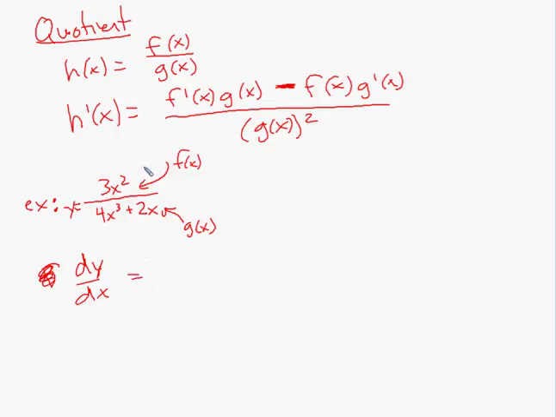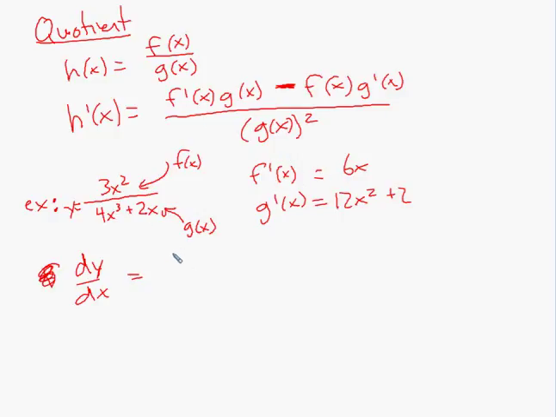So I'm going to do this quotient rule because I have a top part and a bottom part. The derivative of the top, f of x, is 6x, and the derivative of the bottom part is 12x squared plus 2. Now I just plug each part into this little formula.